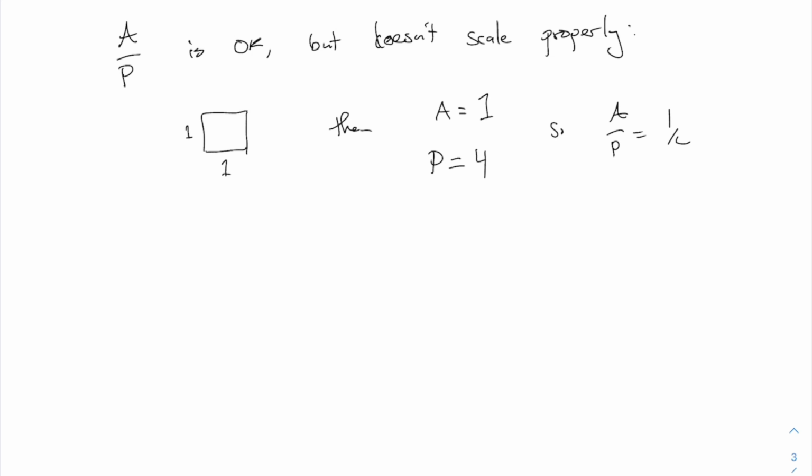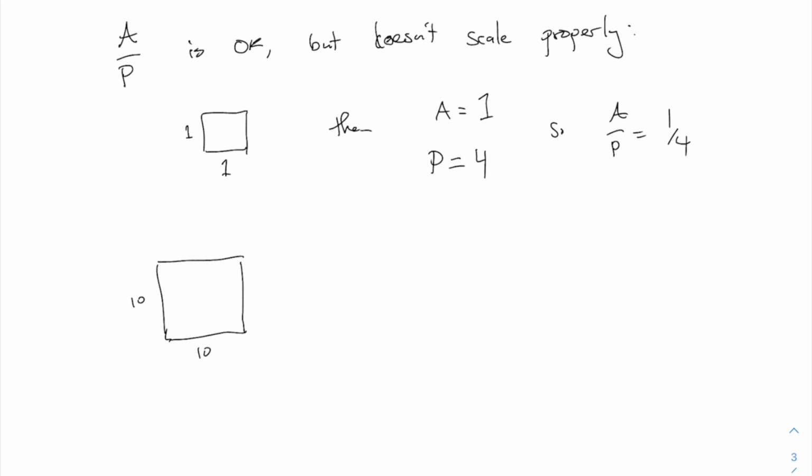All right? Fine. What about, though, what if I consider a square that's 10 on each side? All right? Now, this is the same shape. It's bigger, but it's still the same shape. I would like for the answer to be the same because the isoperimetric quotient is meant to be a property which measures the shape, not how big it is or how small it is, but just what the shape is. It's a square.